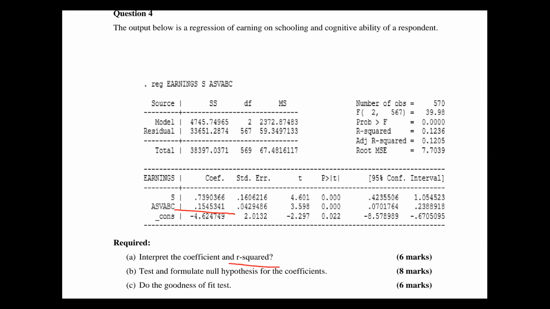Question number 2 says R squared. Can you interpret the R squared? I just interpreted the R squared on the previous slide.